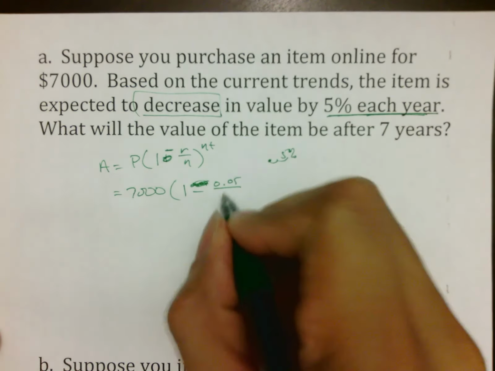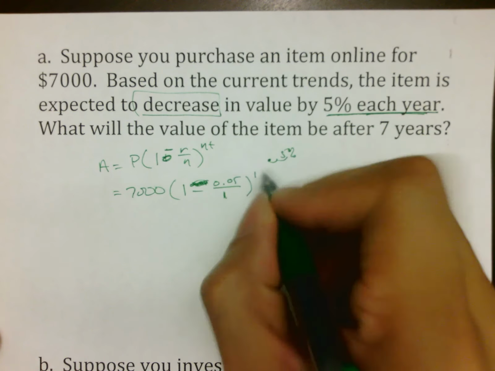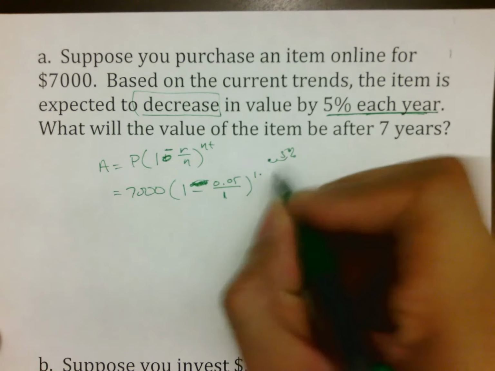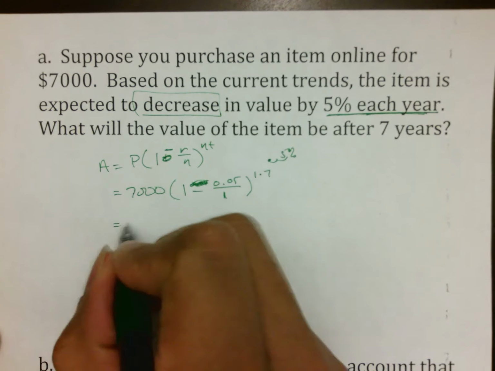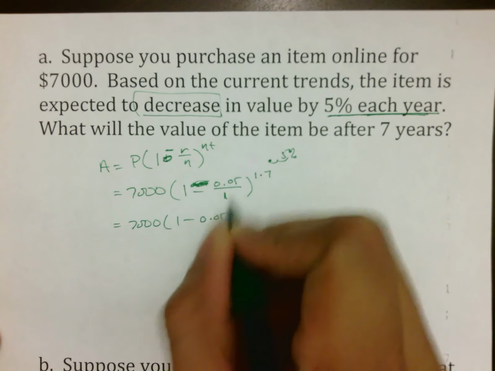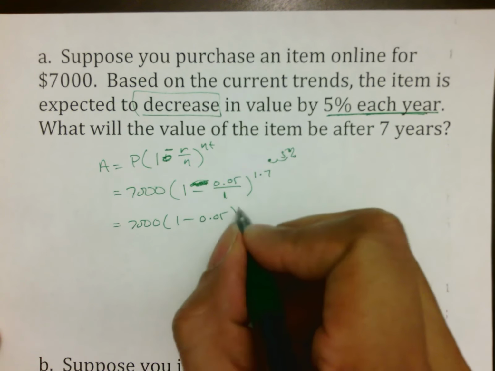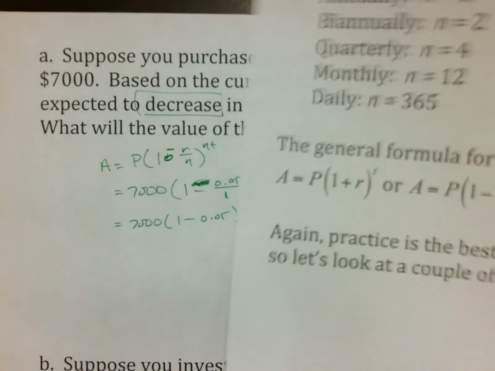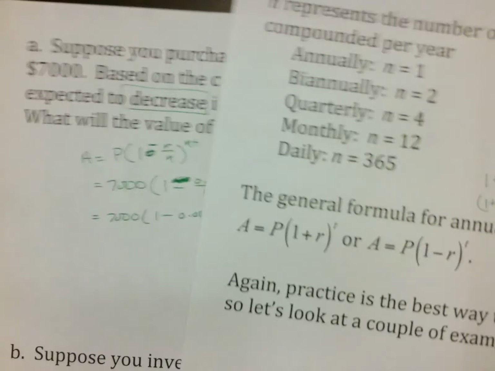And that means that 1 times t, you want the number of years afterwards, which would be your 7 years. That means you end up with 7,000, parentheses 1 minus 0.05, because that's what that divided by 1 is, to the 7th power. Again, notice that is when I told you that if you ever have annual changes, it's going to look the same as that.